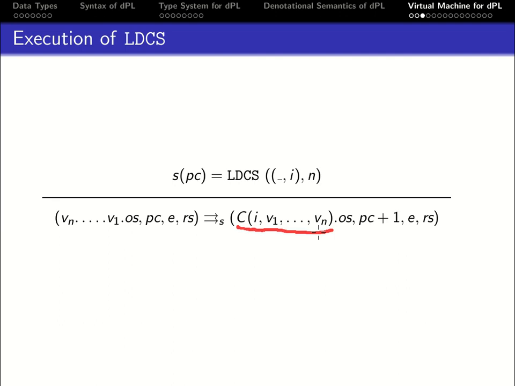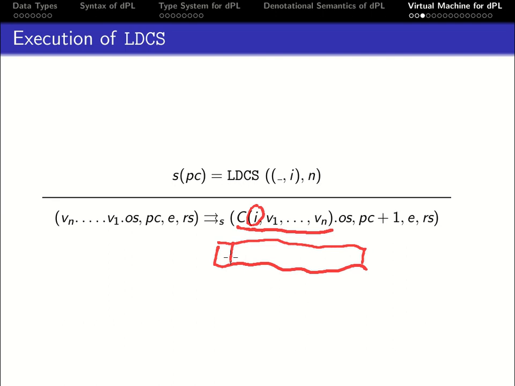So this is essentially a blob of memory, a tuple where the first value is the index of the constructor within the type, and then we put all the other values one after the other.